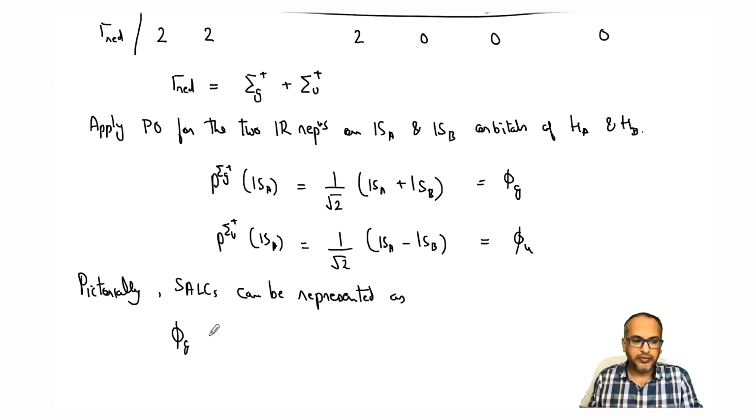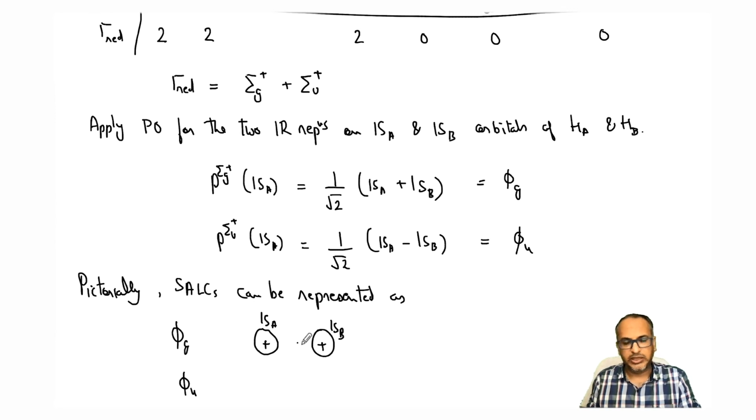So you have φg, which is plus, this is 1sA, combined with plus of 1sB. So the same phase of the two orbitals are combining to give you φg. Whereas opposite phase, which is represented as plus and minus, this has nothing to do with electronic charge or something. This is just the phase of the wave function. Here one has a negative phase. Okay, this is again 1sA and 1sB.